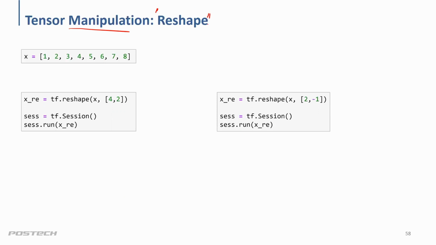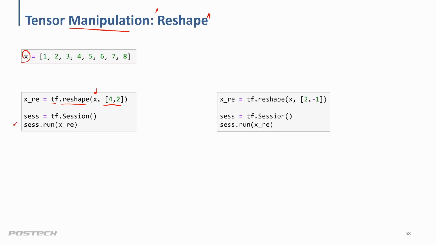So the next operation that you're going to use very often is reshape. As you can see from the name, it changes the shape. Suppose we have x like that. In tf.reshape, this is the x, and again, what do you think?